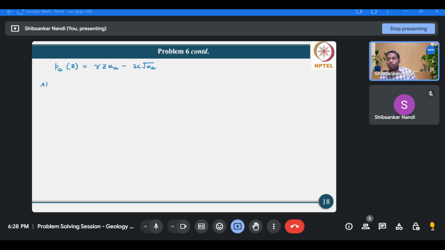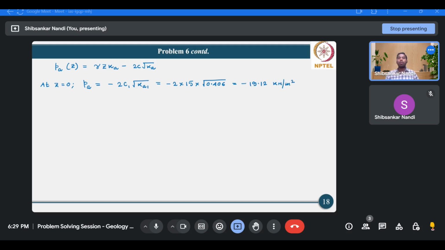So at z equals to 0, the Pa value should be simply minus 2c1, minus 2 multiplied by 15 multiplied by root under 0.406. So it's minus 19.12 kilonewton per meter square.